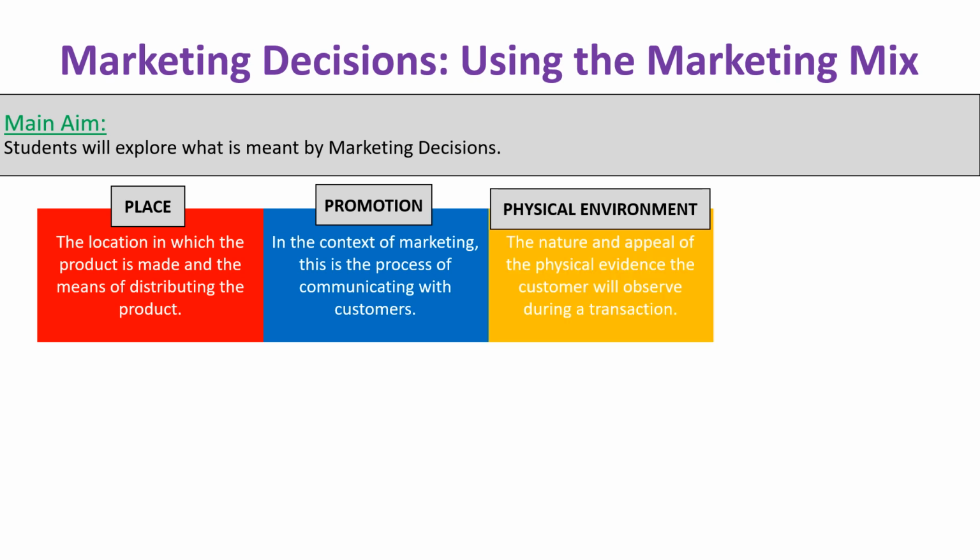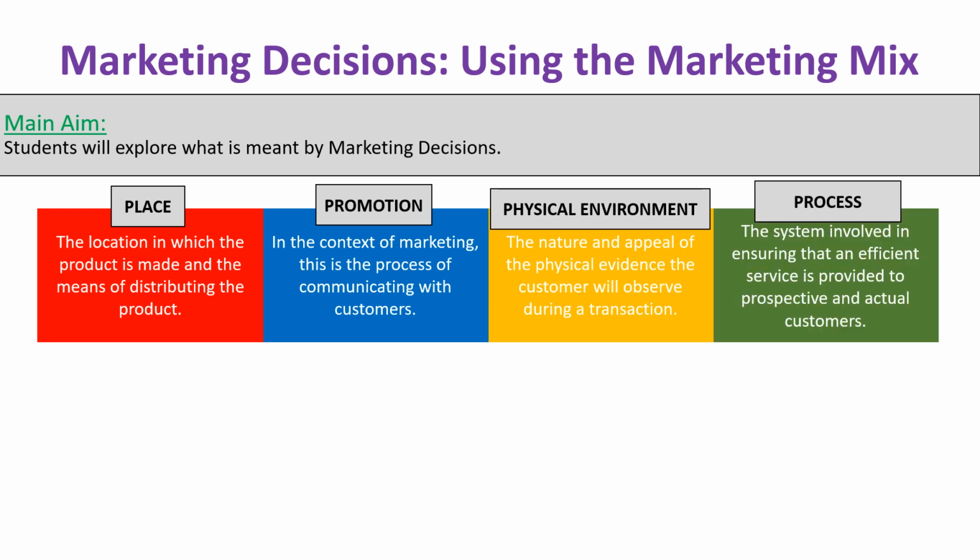Another component of the marketing mix is the physical environment. This is the nature and appeal of the physical evidence the customer will observe during a transaction. The process is a system involved in ensuring that an efficient service is provided to your customers.